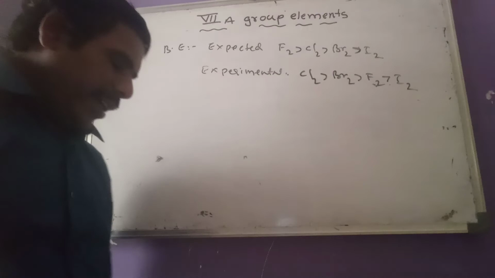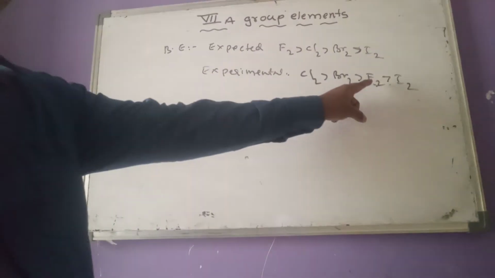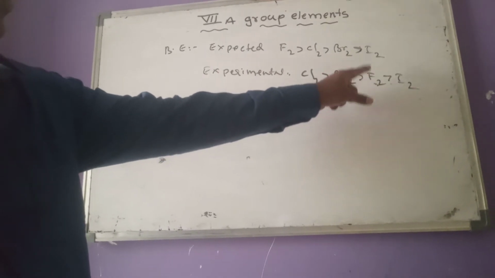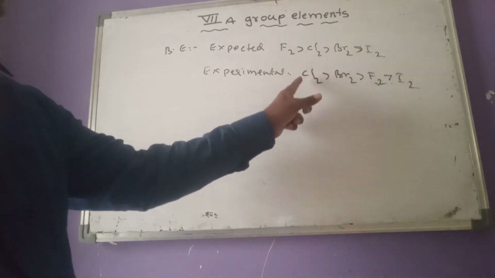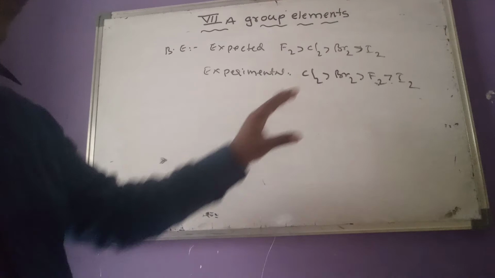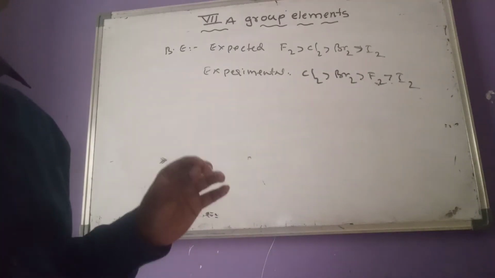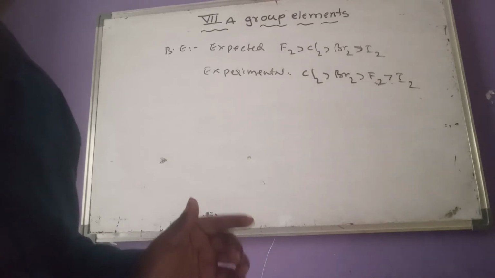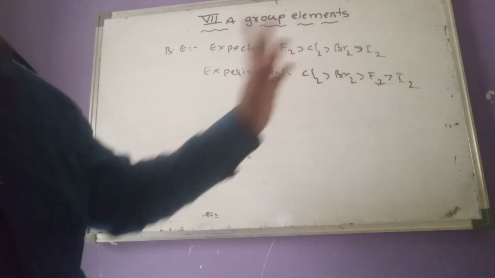That means the experimental values indicate that F2 has lower bond dissociation enthalpy than Cl2 and Br2. So for that, two explanations are given, for why F2 has less bond enthalpy compared with Cl2 and Br2.